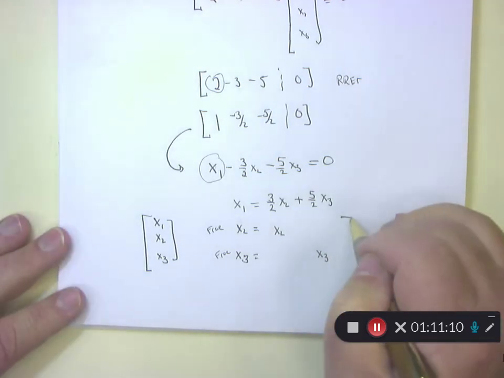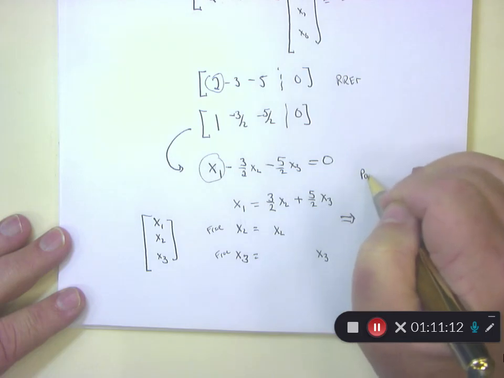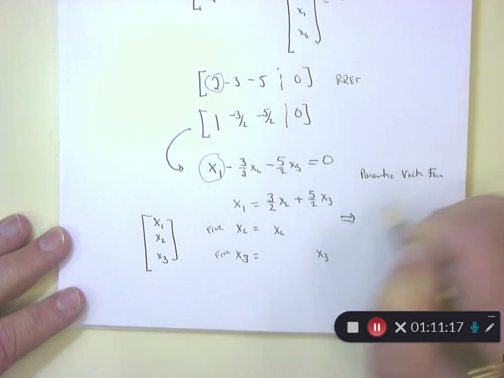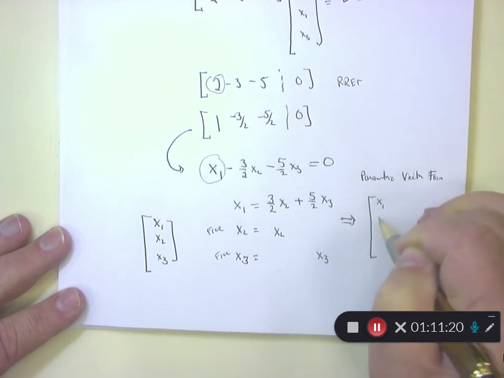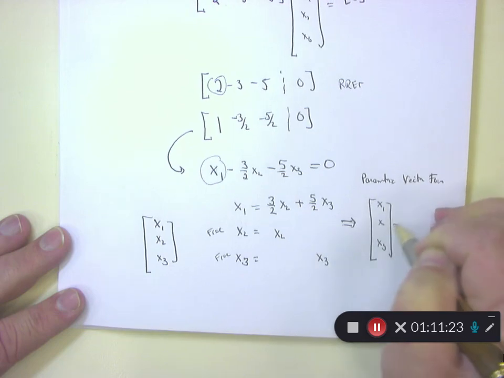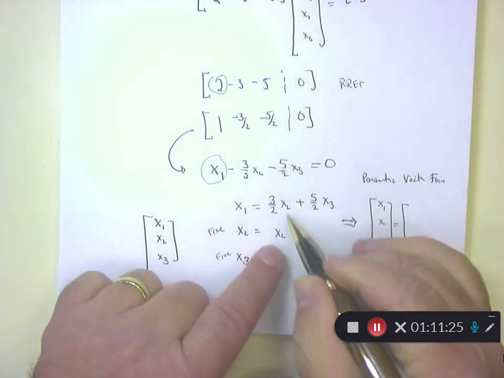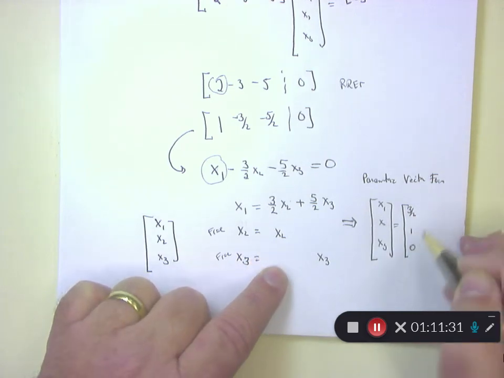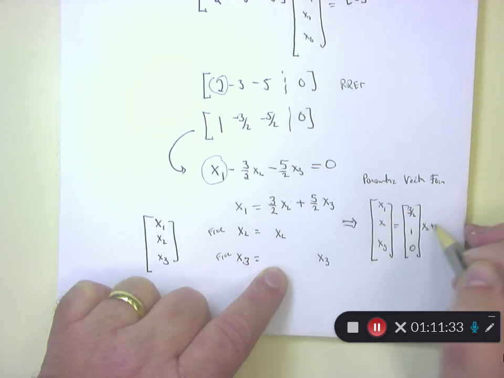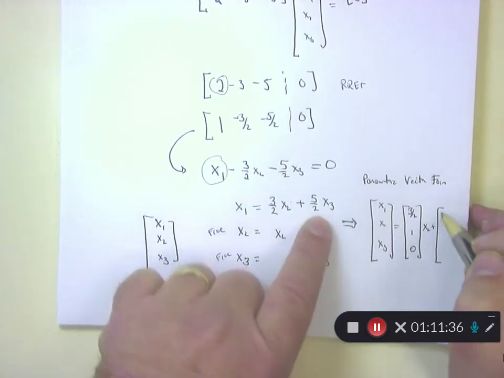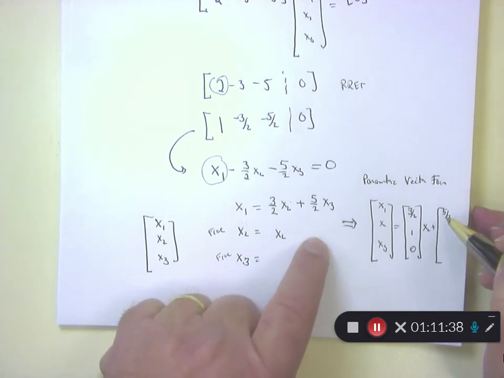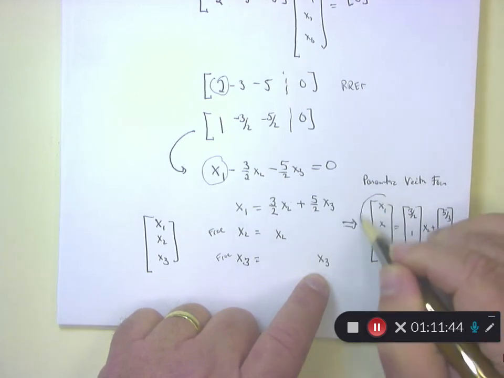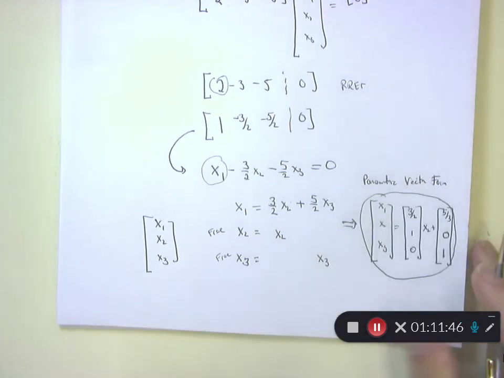So in parametric vector form, you get this. x1, x2, x3 is equal to x2 times, pull off the coefficients, 3 halves, 1, and there's no x2 down here, 0, plus x3 times, pull off the x3s, 5 halves off the first one, there is no x3 on the second equation, 0 and 1. And now you have written the solution in parametric vector form.